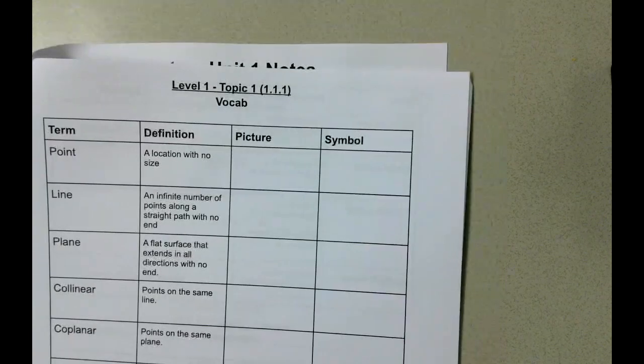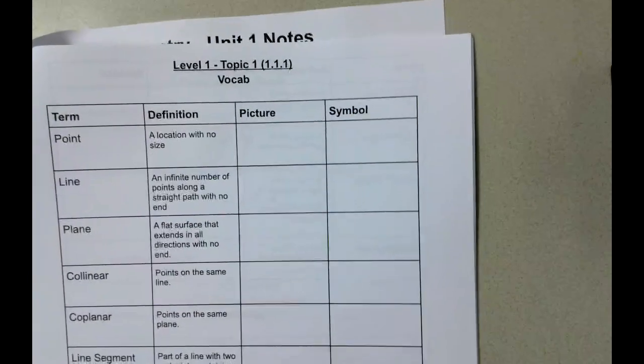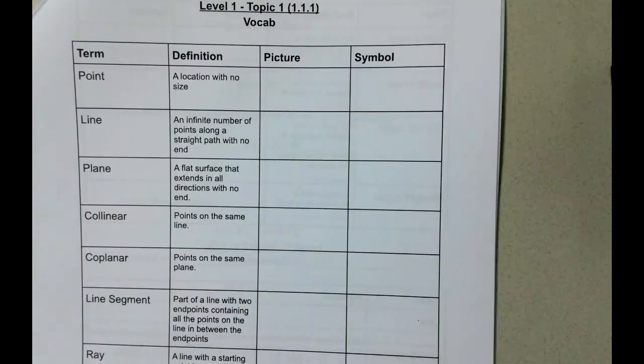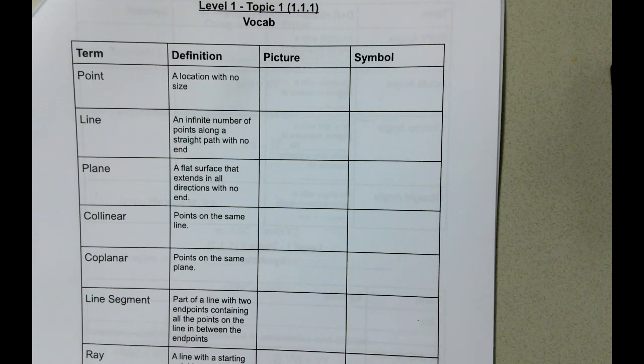So let's look at Level 1, Topic 1, and the vocabulary in here. And the nice thing for us is that we have the definitions filled in or mostly filled in for us. So a point is defined as a location with no sides. And use your common sense.